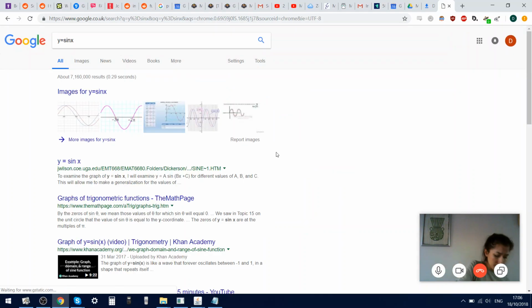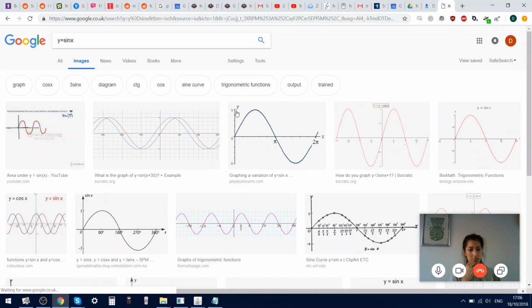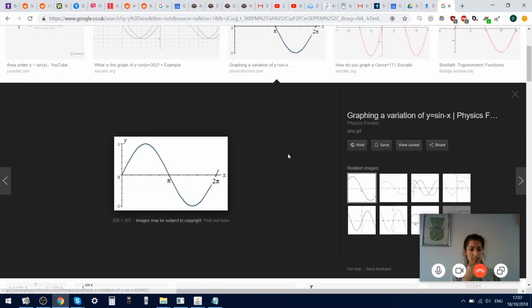What would be the range for that from 0 to 90? Between 0 and 1.